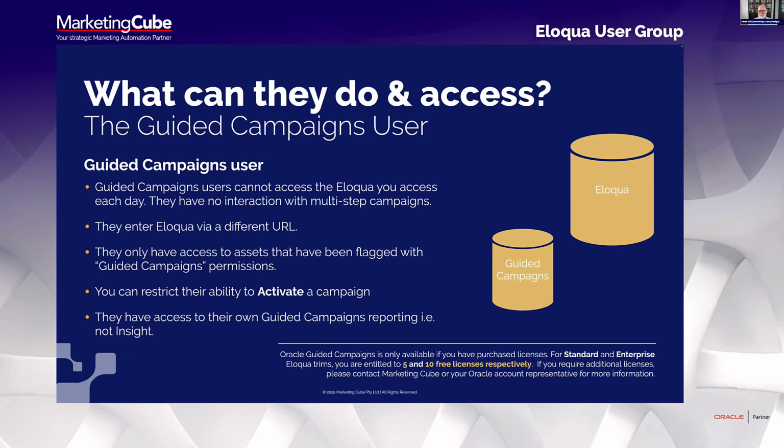Now, there's all sorts of things that we can do to restrict what they can access and modify and change and all that sort of stuff. We probably need to sit down and talk about that in a bit more detail as to how far you want people to be able to go. For example, you can restrict their ability to actually activate a campaign, so maybe the activation of the campaign comes to marketing and doesn't rest with sales.